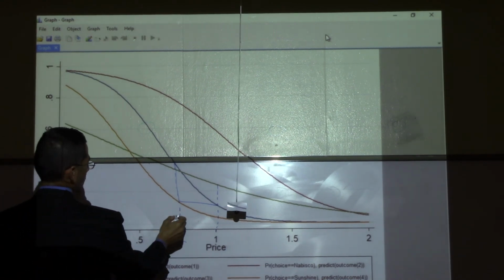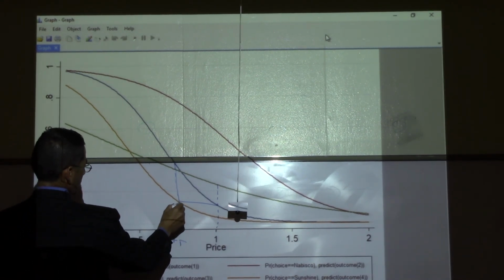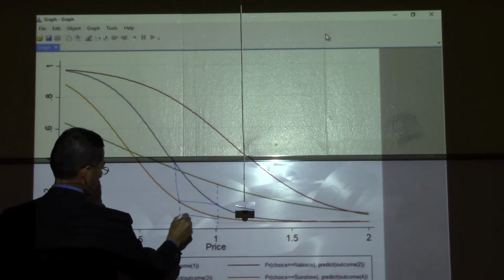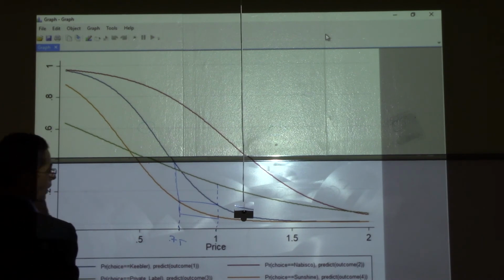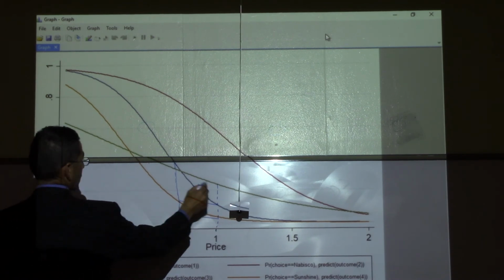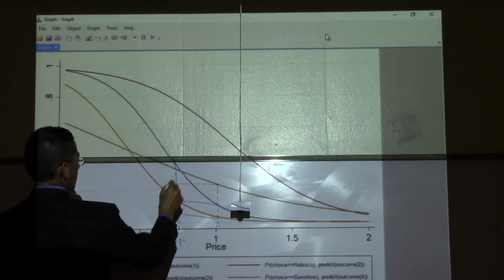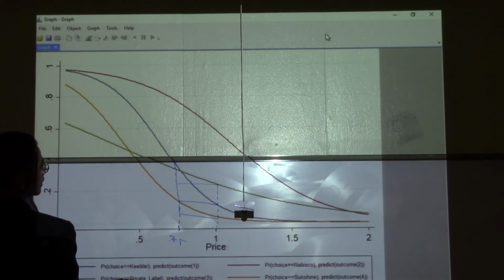As we go up a quarter, we see this effect for Sunshine. And green is private label. Right, so we can measure these price elasticities.